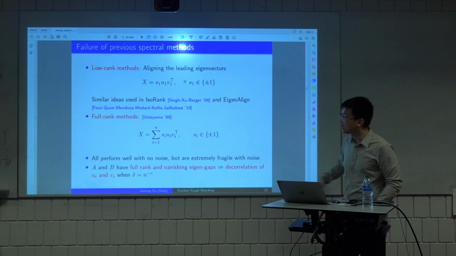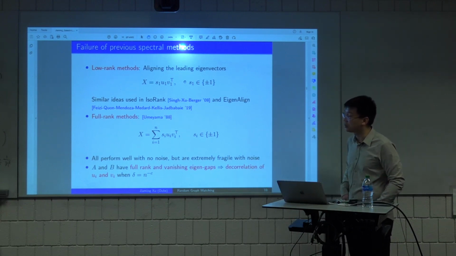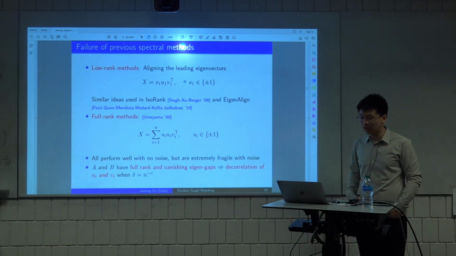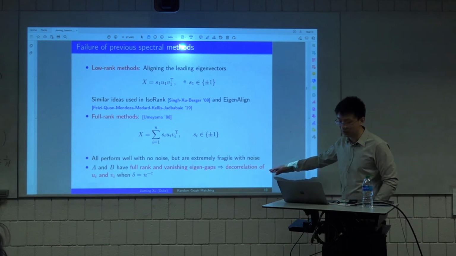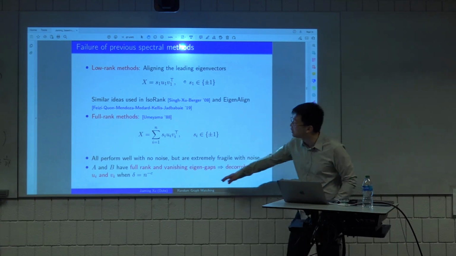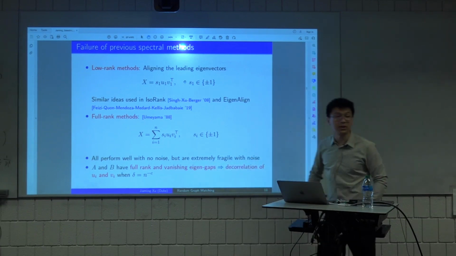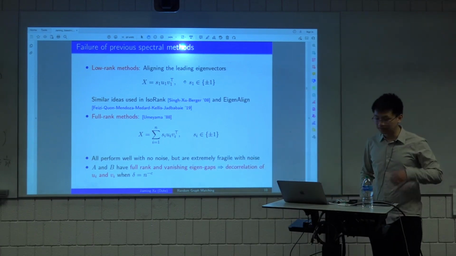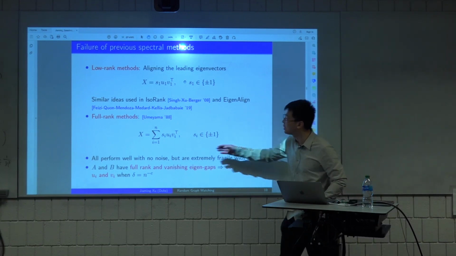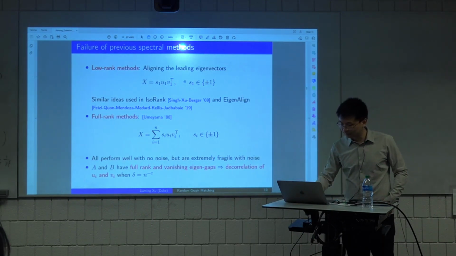The reason is that in our problem, these two graphs, or two adjacency matrices, are full rank and have vanishing eigengaps. That causes some decorrelation of the eigenvectors u_i and v_i, even when the noise delta, remember delta is the fraction of defective edges, is polynomially small. So basically, if you have some noise, u_i and v_i are not that correlated anymore.